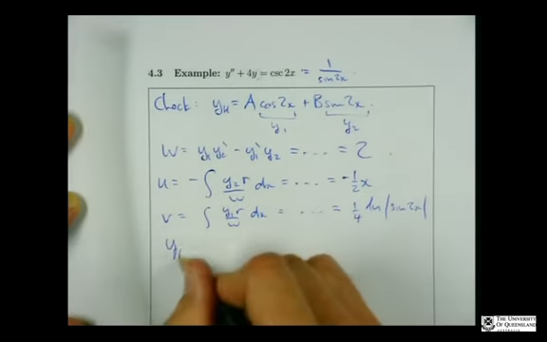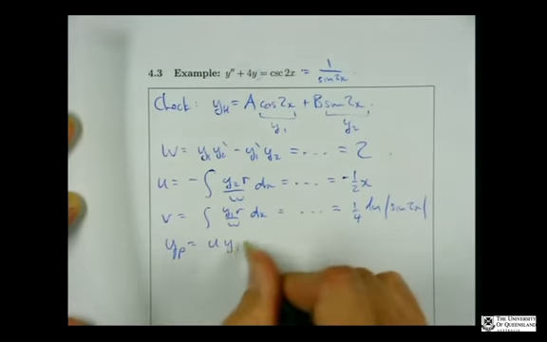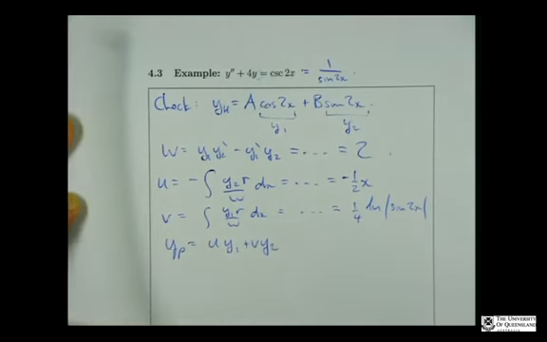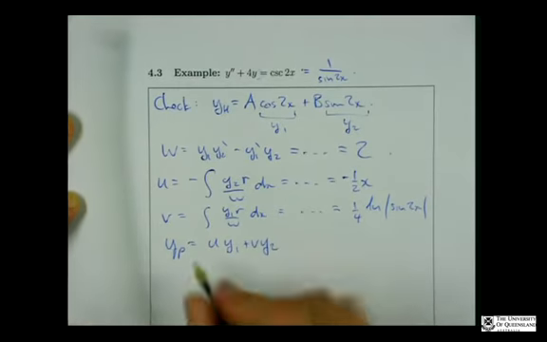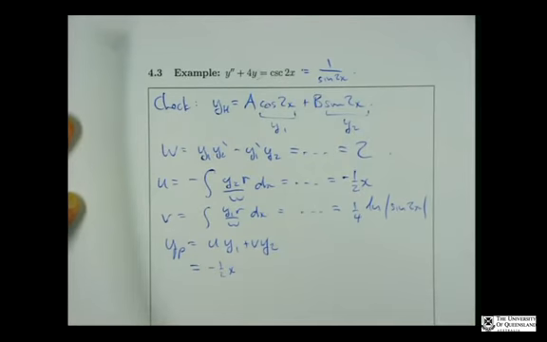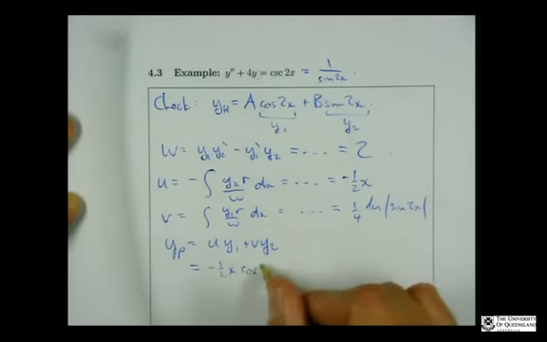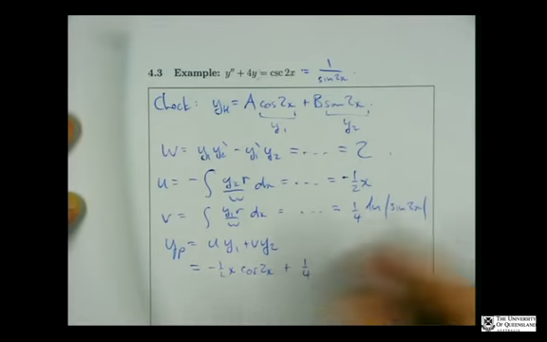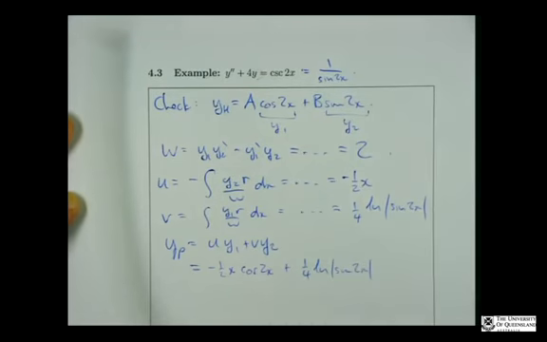And then the particular solution is u y1 plus v y2, as in the method that we've just been through, and this is negative 1/2 x cos 2x plus v times y2, that's 1/4 log of sin 2x times y2, which is just sin 2x.